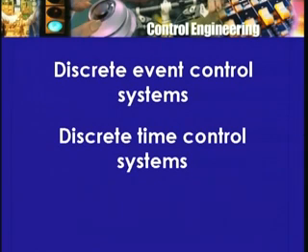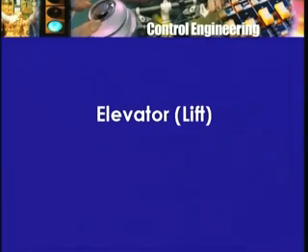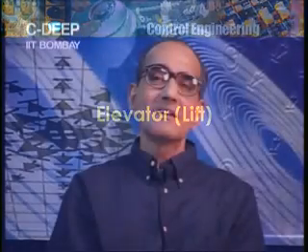Once again, there is a very familiar example for many of us of a discrete event or a discrete time control system. Can you think of it? Well, those of us who have lived in high-rise buildings make use of the lift or the elevator. Now that's a situation, a control action, which is a discrete event kind of control action.